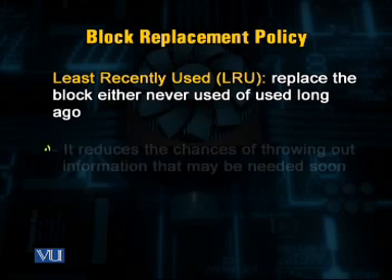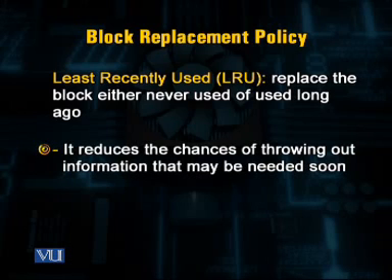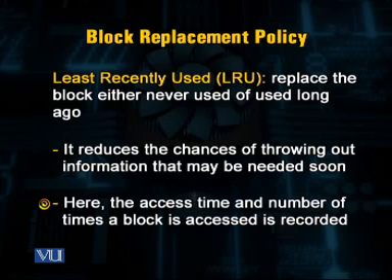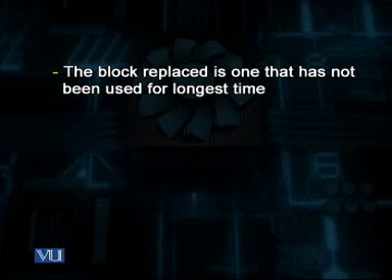This policy reduces the chances of throwing out the information that may be needed very soon. Here, the access time and the number of times a block is accessed is recorded, and the block replaced is one that has not been used for a very long time.